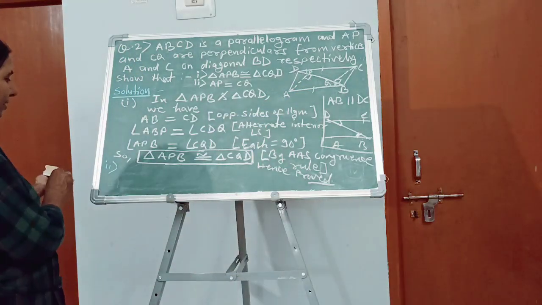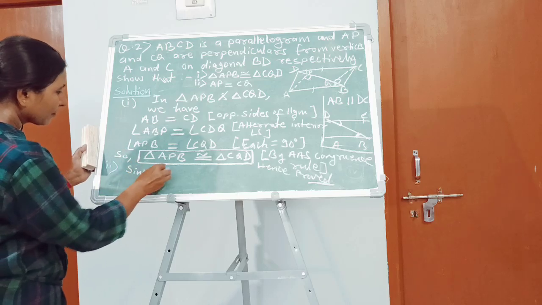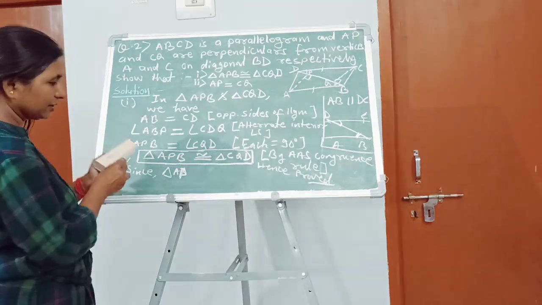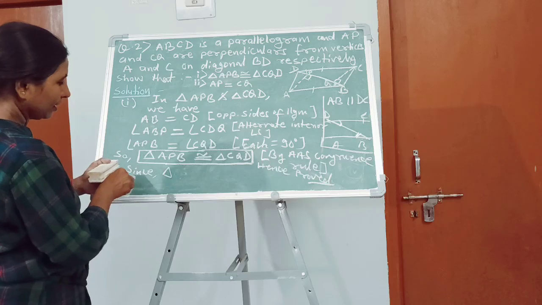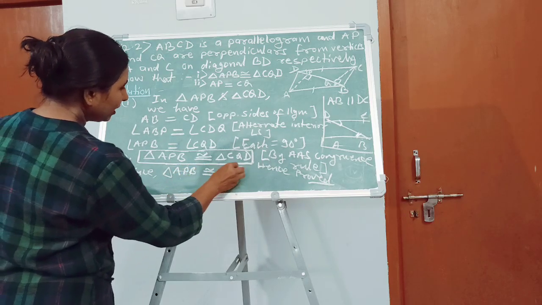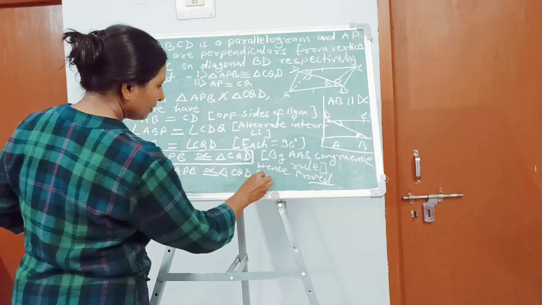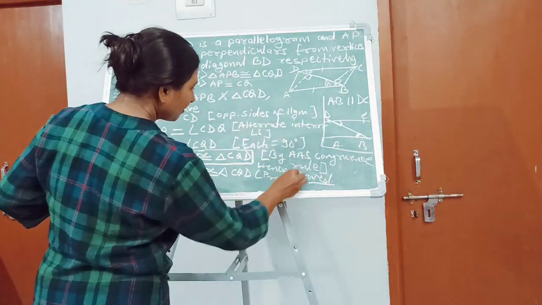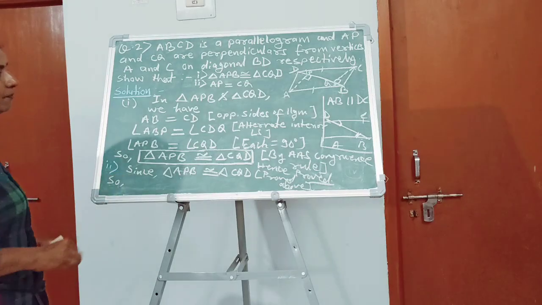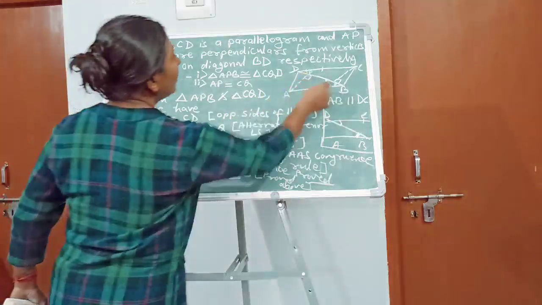So we will write, since triangle APB is congruent to triangle CQD, where did we get that? Proved above, in the first. So you can see AP is equal to CQ.